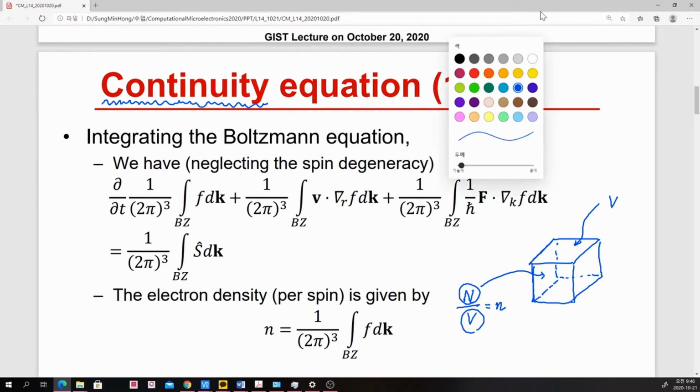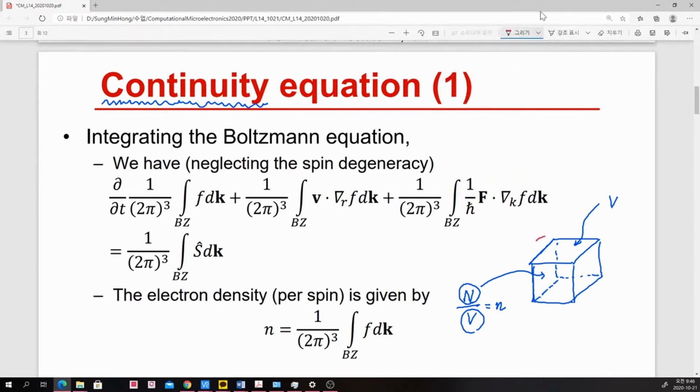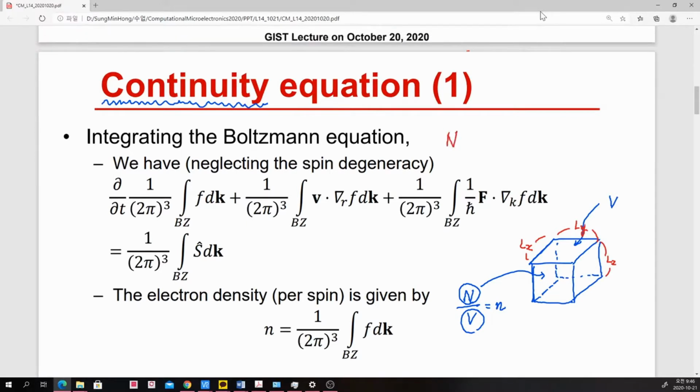Say we have, for example, Lx and Ly and Lz. Then how can you calculate the total number of electrons inside it?